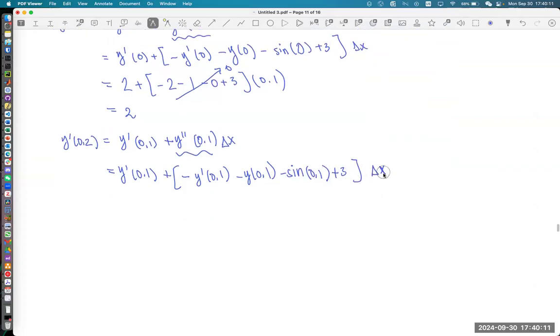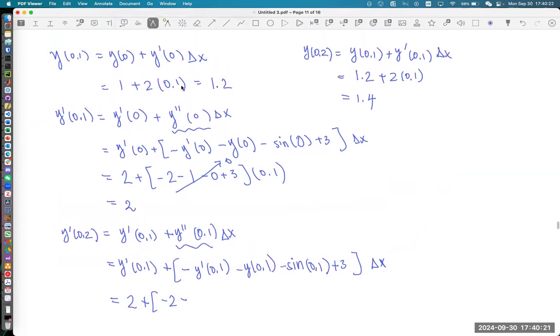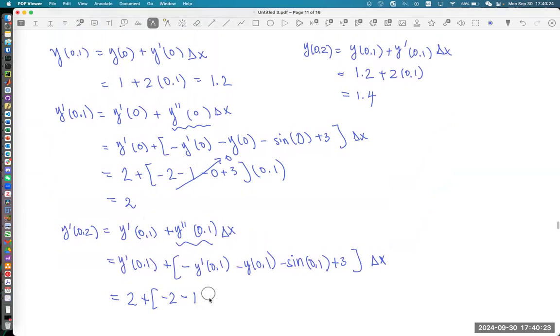Y prime of 0.1 we calculated is 2. So 2 plus minus 2 minus y of 0.1 is 1.2. Minus sine of 0.1 is already the simplest, so we'll just leave it there.